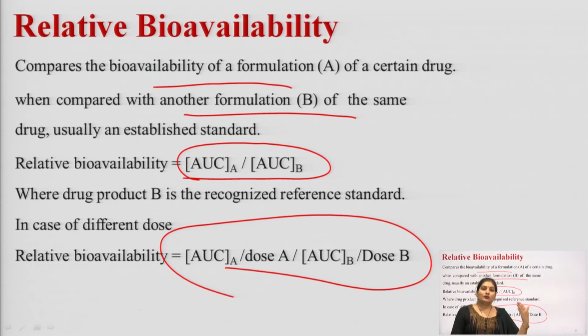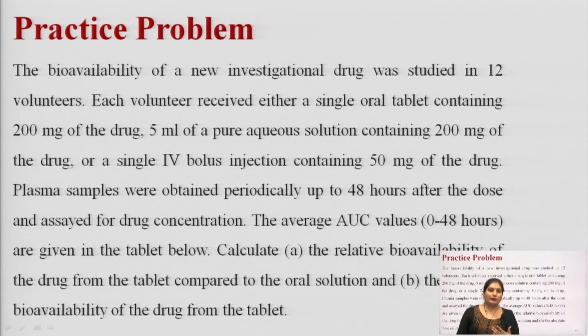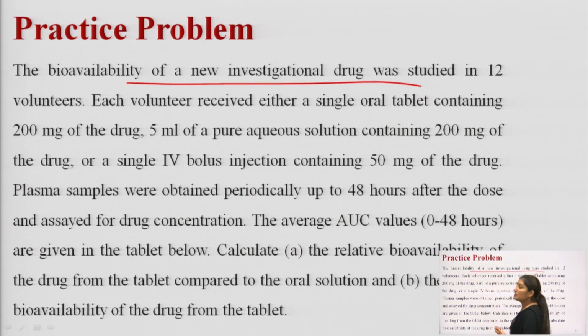So, to get a clear understanding of absolute and relative bioavailability, we have a practice problem. The bioavailability of a new investigational drug was studied in 12 volunteers, and each volunteer received a single oral tablet containing 200 mg of the drug, 5 ml of a pure aqueous solution containing 200 mg of the drug, or a single IV bolus injection containing 50 milligram of the drug.